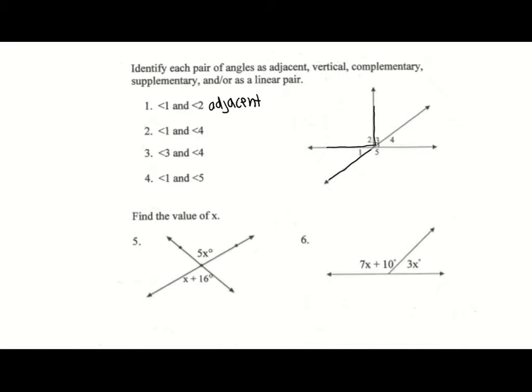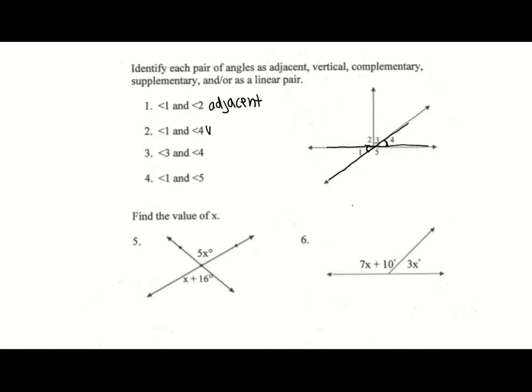Now, if I look at number 2, angles 1 and 4, I'm looking at these angles right here, 1 and 4. If I look at those lines, I notice that they meet at two intersecting lines. Angle 1 and 4 are straight across from each other on those two intersecting lines.